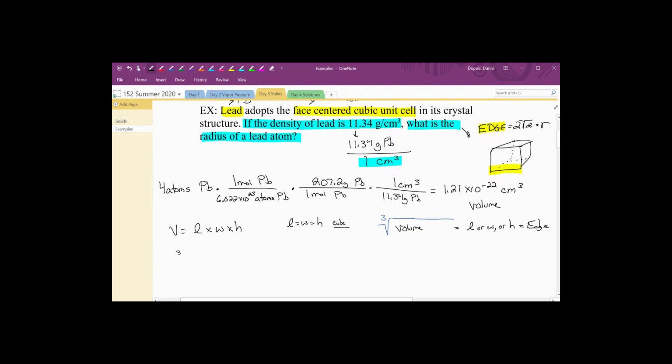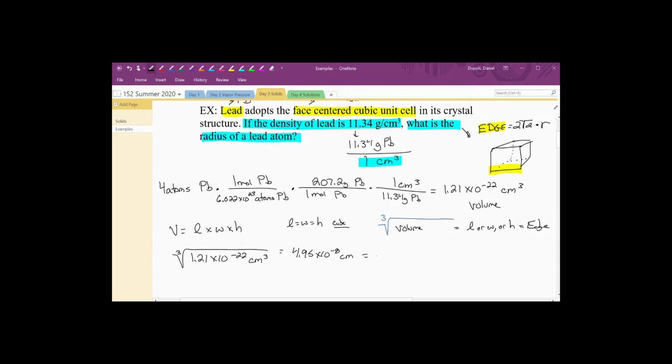So I take the cube root of 1.21 times 10 to the negative 22 centimeters cubed. On my TI-83, that's as old as some of my students, I just hit math 4. Or I can go to the 1/3 power. I hit second answer, and I get 4.95 times 10 to the negative 8 centimeters.